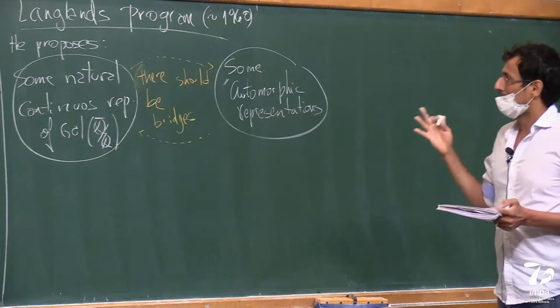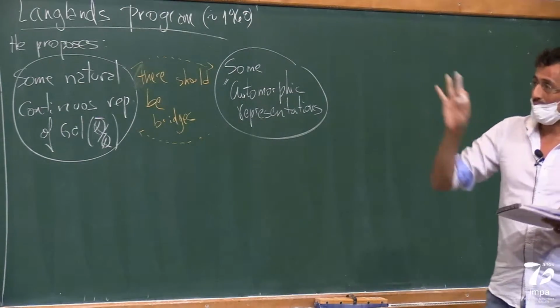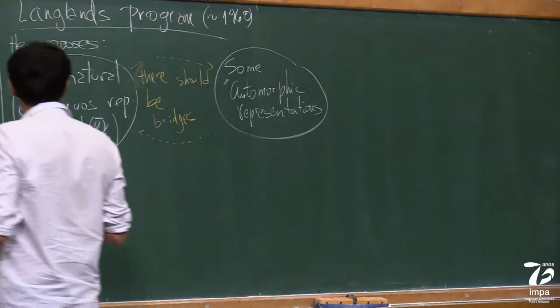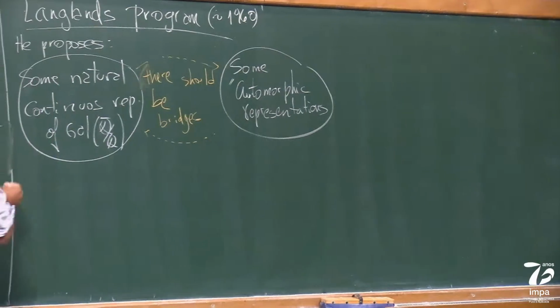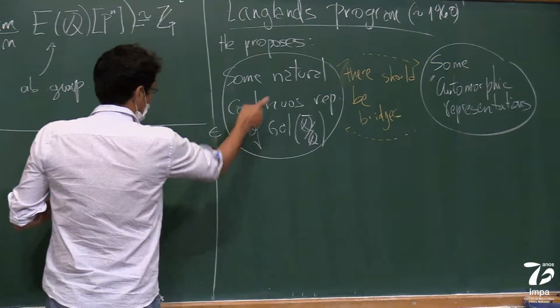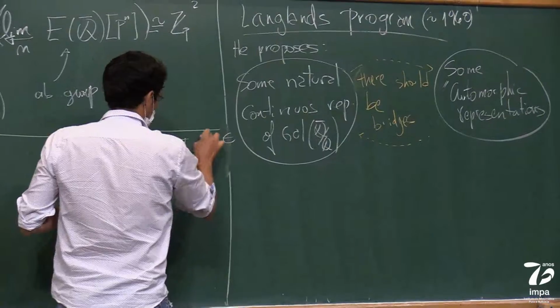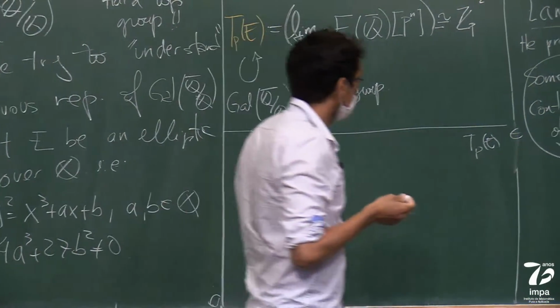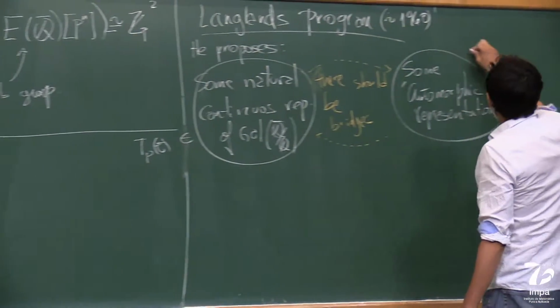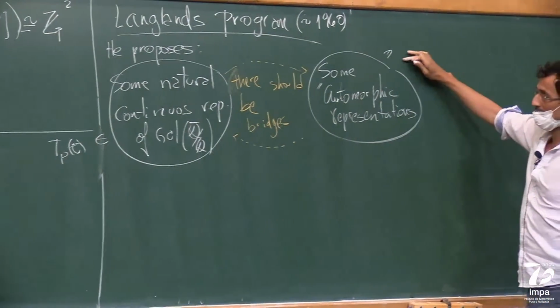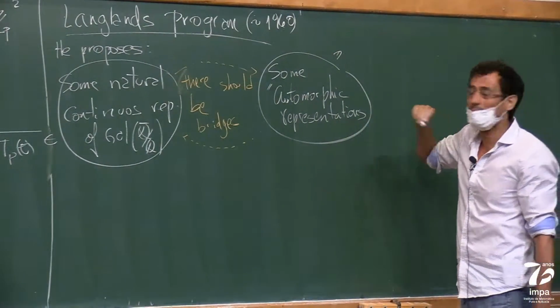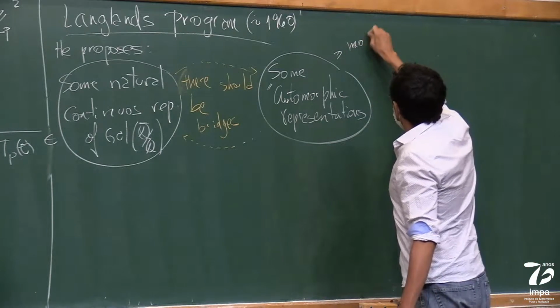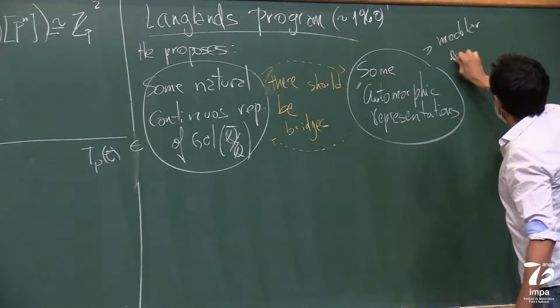So before explaining some details, to enter some technicalities, let me say something about these bridges. Firstly, on this side, you can find this example that we have here, the Tate model of the elliptic curve. And here appears something called modular forms. Maybe you're more familiar with it. Modular forms.